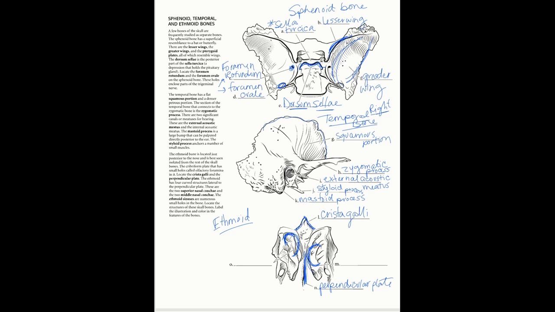So you have the ones in the middle, nasal concha. So there's one over here as well. And then you have the ones up high that I've highlighted over here, the superior nasal concha.